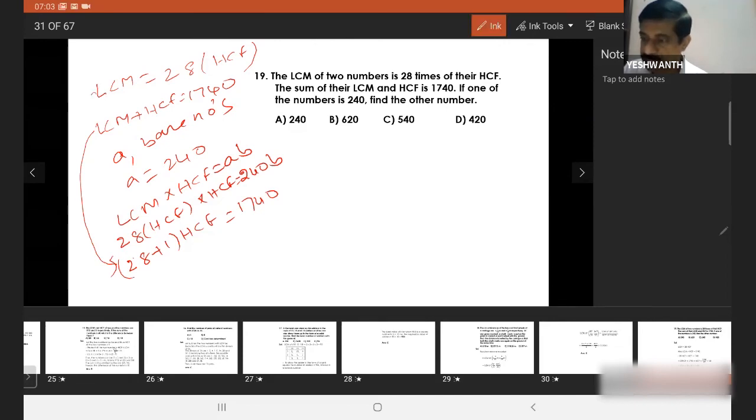Using this equation, I got this. So HCF is equal to 1740 divided by 29.